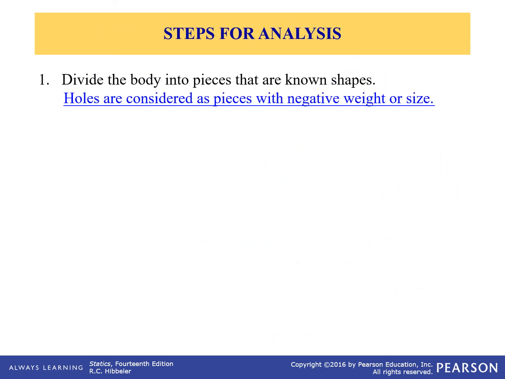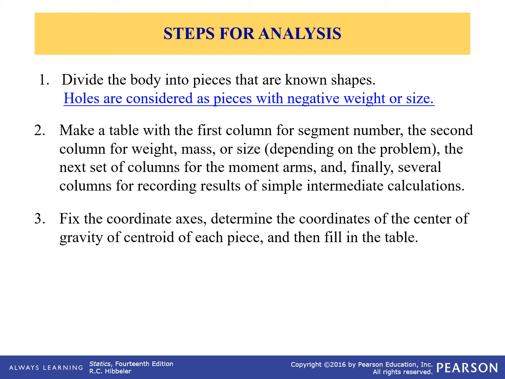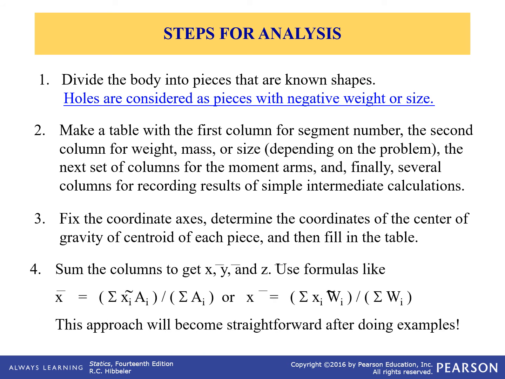Basically what you're going to do for that one is divide whatever the shape is into known shapes. Remember, holes are negative pieces. You're going to make a table where you have the volume or area, depending upon what problem you're doing, along with your x bars and your y bars, and you're going to multiply those together, add those together, and then use that to find your centroids after you've filled your table in.